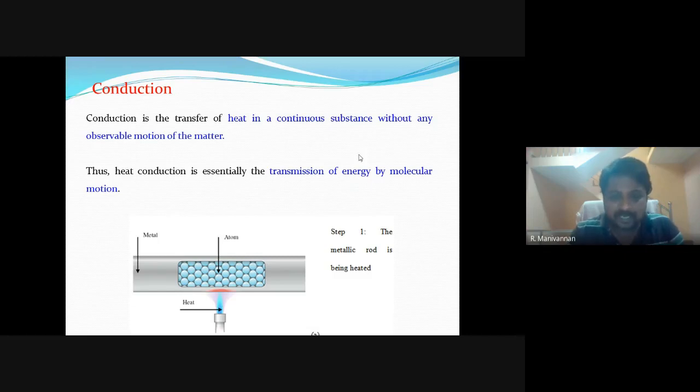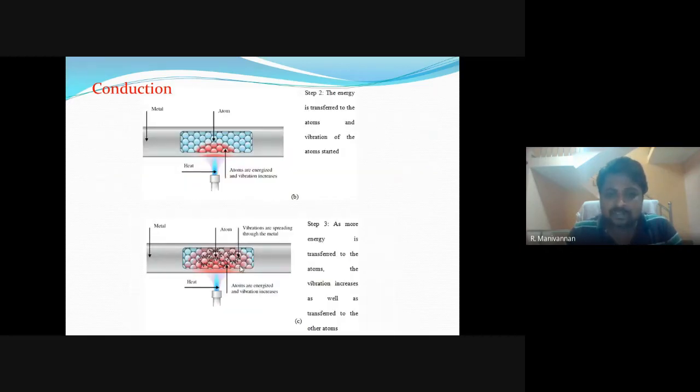You can see that a rod is placed and it is getting heated up. The atoms and molecules are getting heated up, and once heated, they start vibrating. Due to this vibration the energy is getting transferred from one atom to the other atoms. The conduction also can take place even in the stationary fluid.